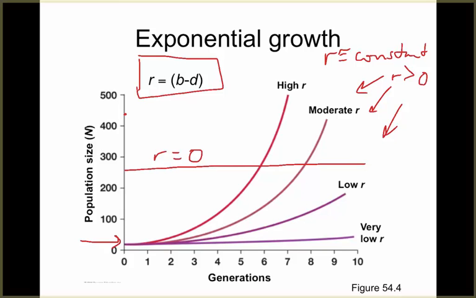If we start up here, for example, this is what it might look like. Let me go back here. Okay, there we go. So this would be an example of what a population might look like if r was actually less than 0.